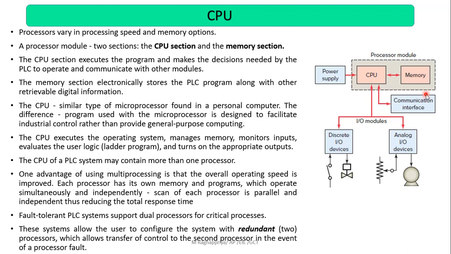Having more than one processor also supports redundancy. If the first processor fails, then the second processor can take over the functions. So for critical processes, we will have more than one processor.